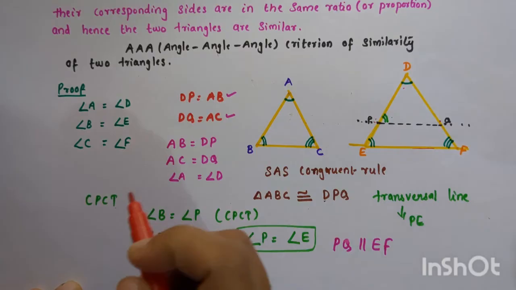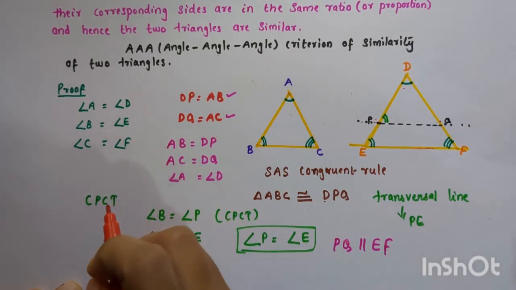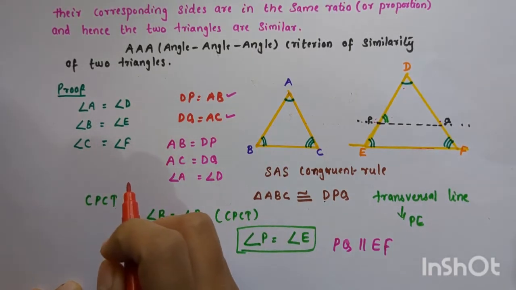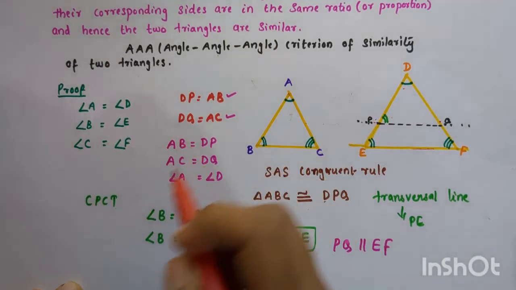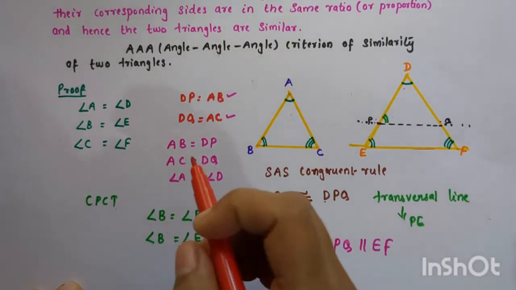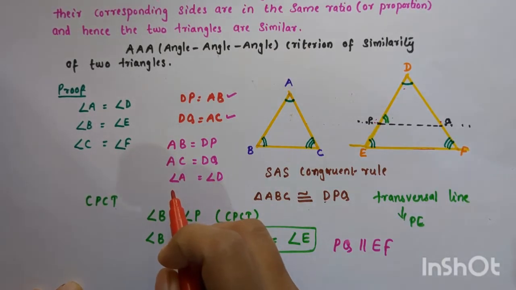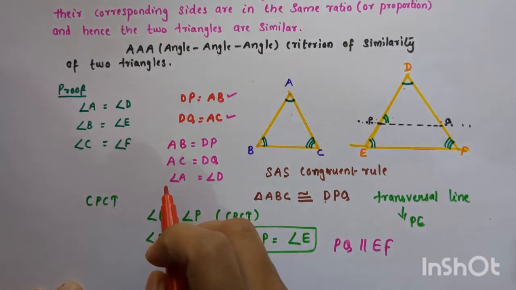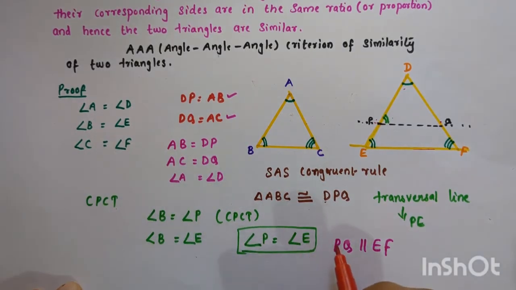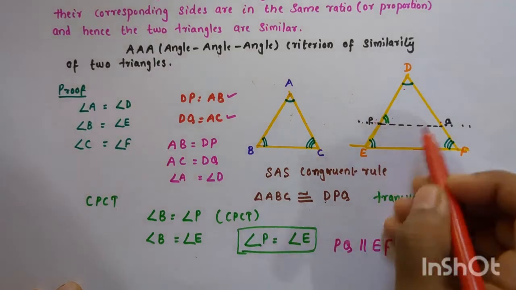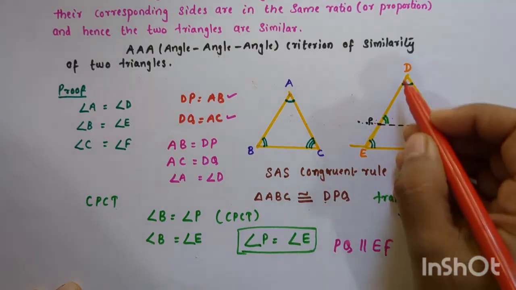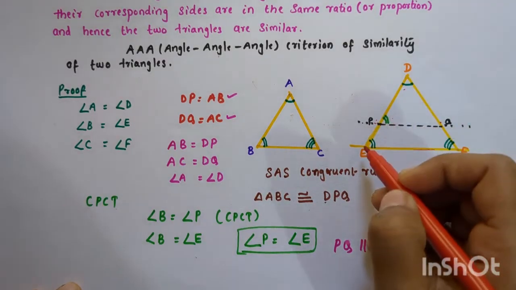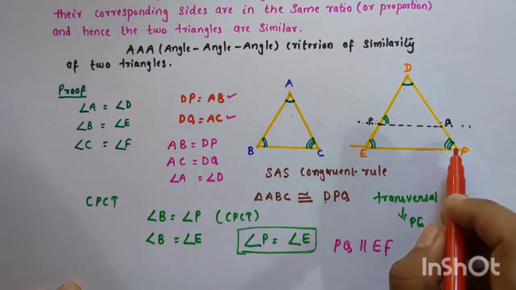Now, from the basic proportionality theorem, which is theorem 6.1, which we have discussed in our previous video, we have: if a line is drawn parallel to one side of a triangle to intersect the other two sides in distinct points, the other two sides are divided in the same ratio. So here you see PQ is parallel to EF, and this PQ line intersects the side DE as well as the side DF.